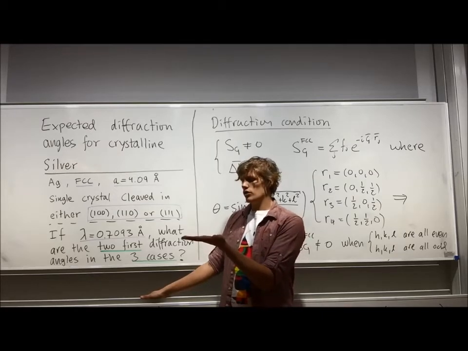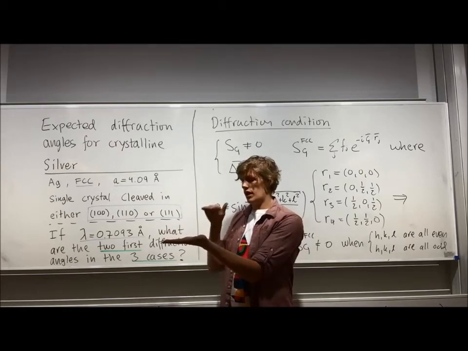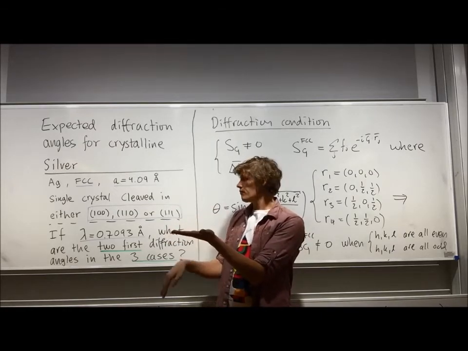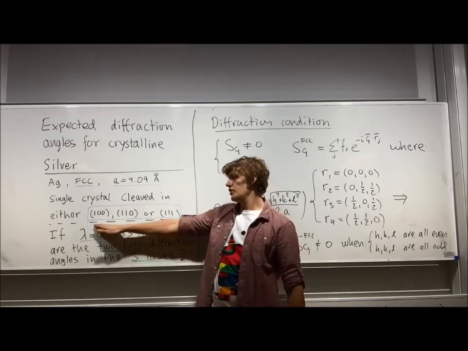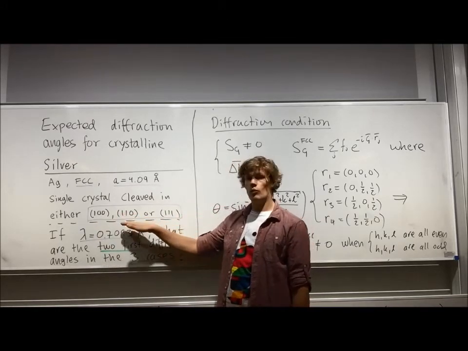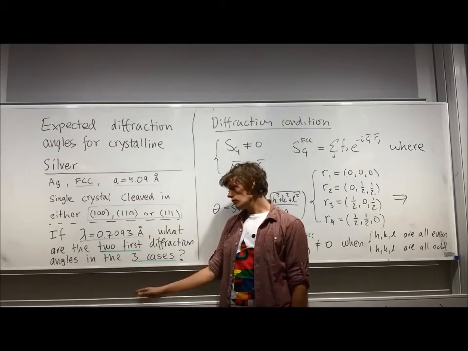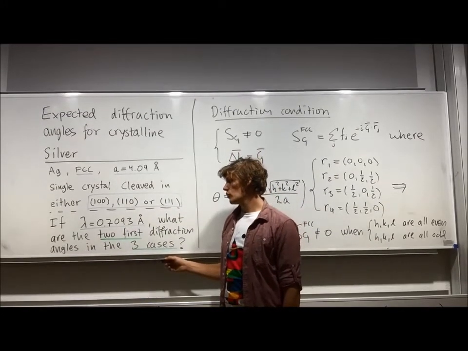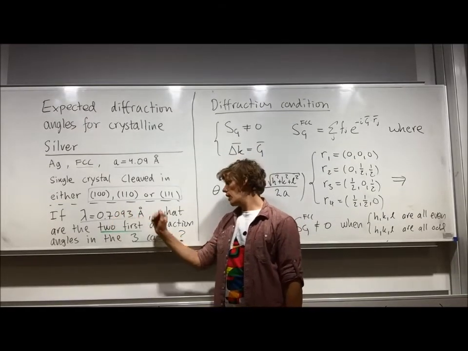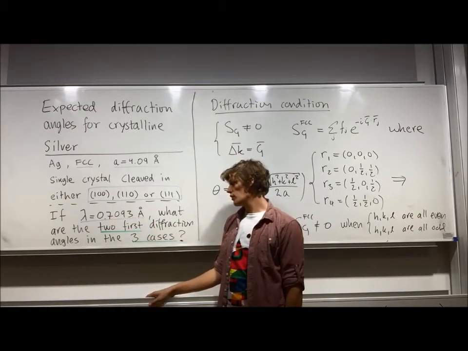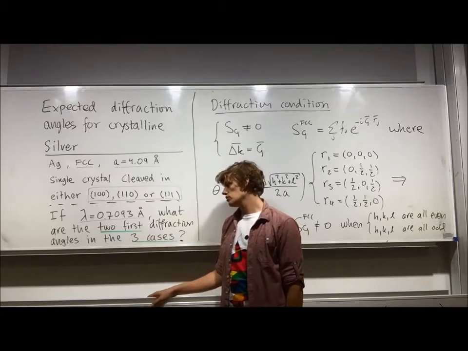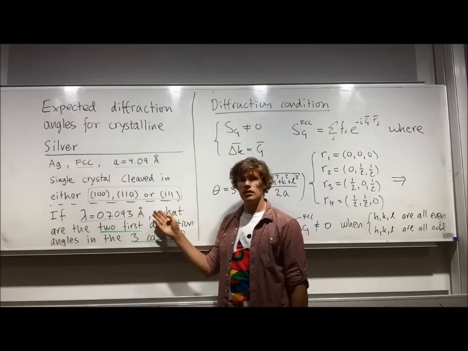That is, what surface do we have that the light is reflected out of? Well, we know that it's either the 1, 0, 0 plane, the 1, 1, 0 plane, or the 1, 1, 1 plane. And we also know the wavelength, obviously, and we would like to then calculate the two first diffraction angles for these three cases.